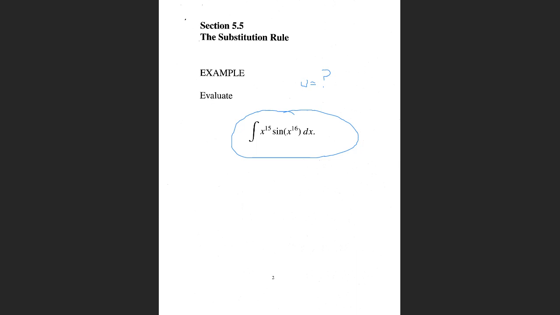Okay. All right. So if we had just the sine of u instead of that x to the 16th, that would be good. So that's telling me maybe I should consider a substitution where I let u equal x to the 16th power. Okay. So let's go ahead to the solution and see if that works.